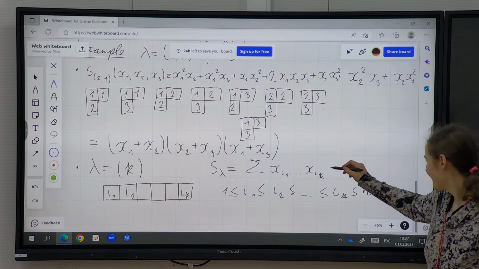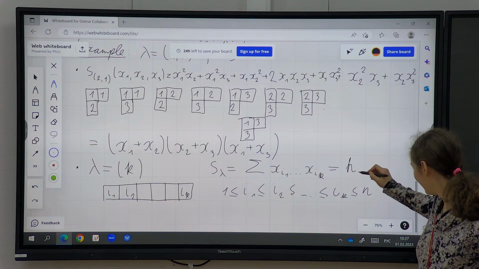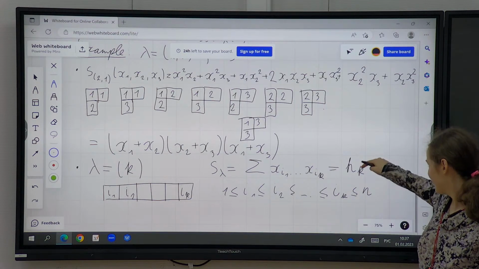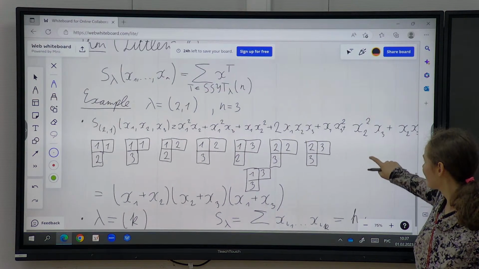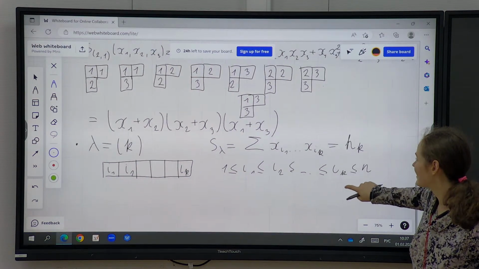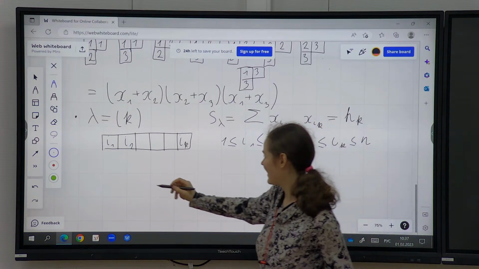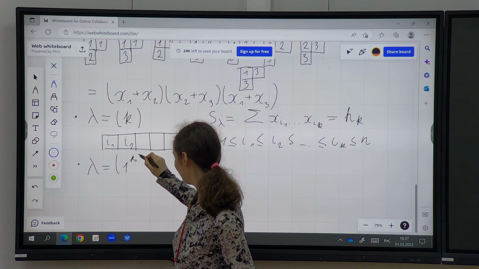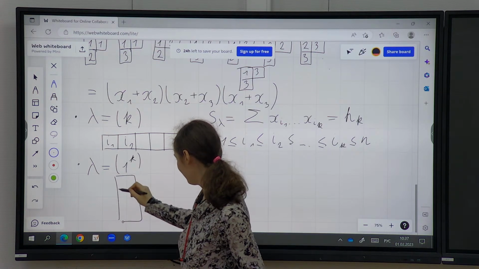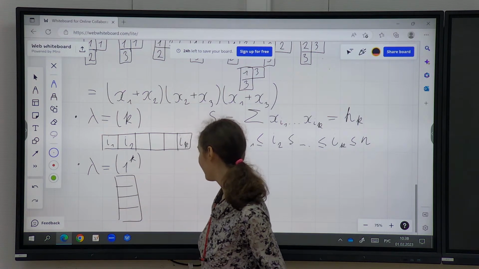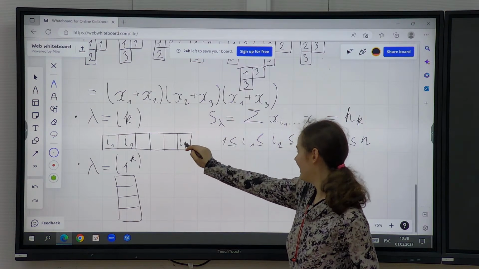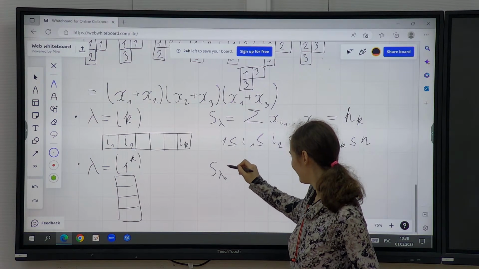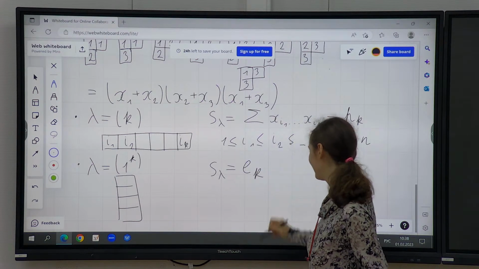We will have complete symmetric polynomial, as we've proved somewhere earlier. Okay, and if our partition is a column, then these numbers strictly increase, so we have elementary symmetric polynomial.